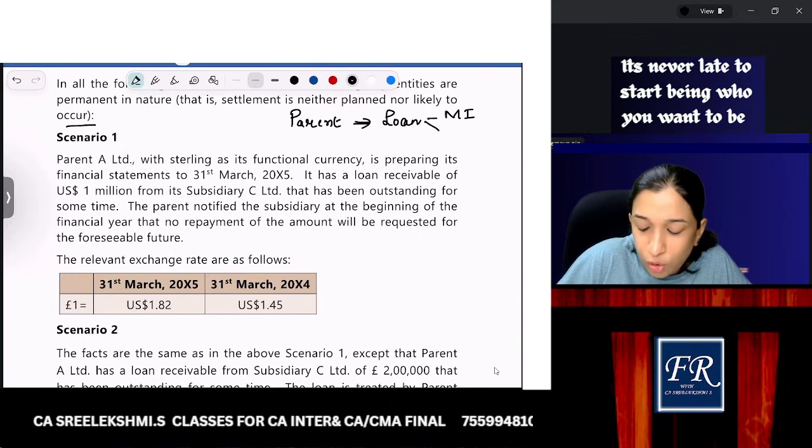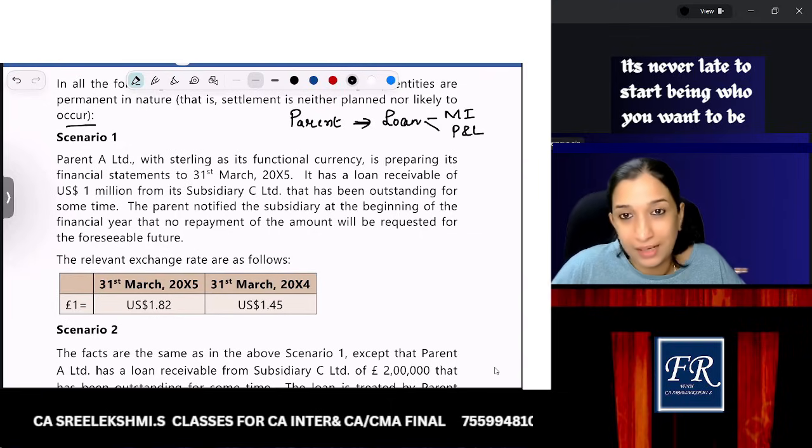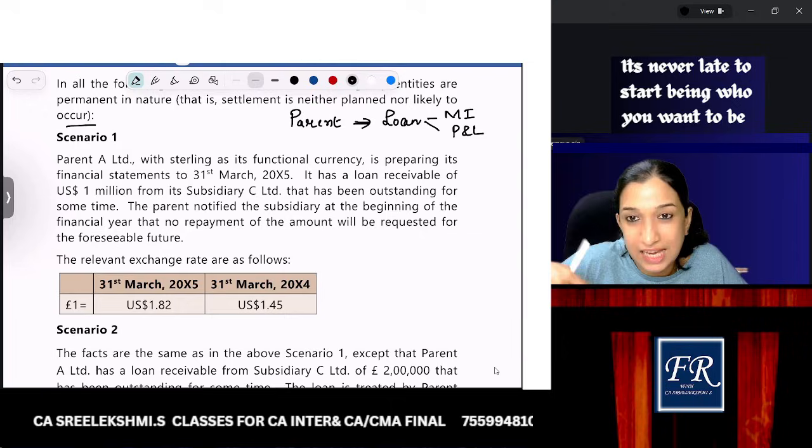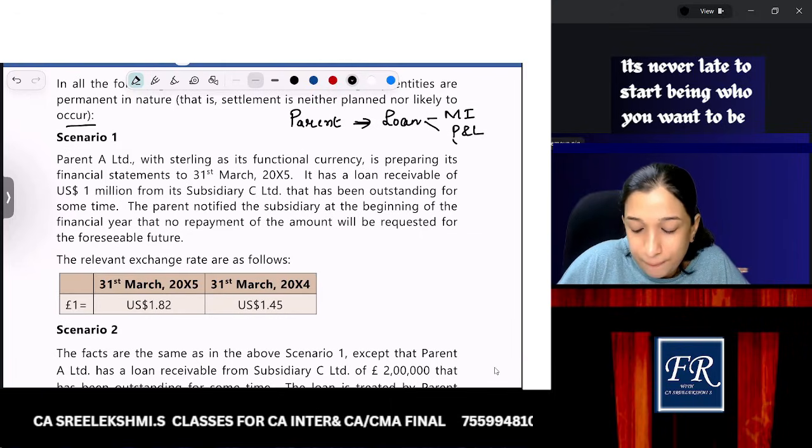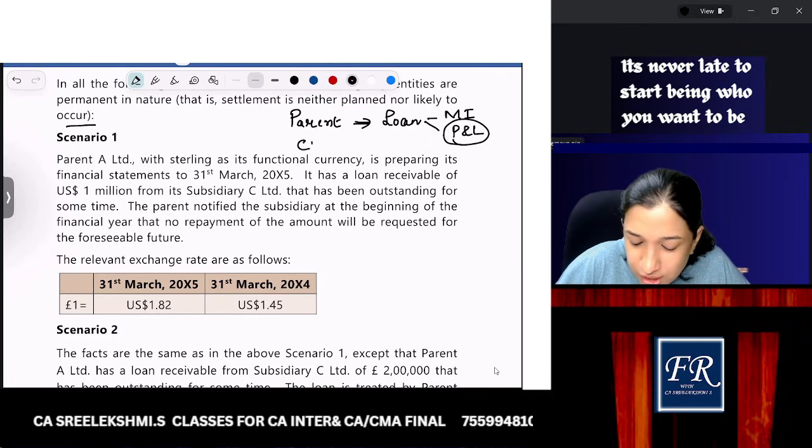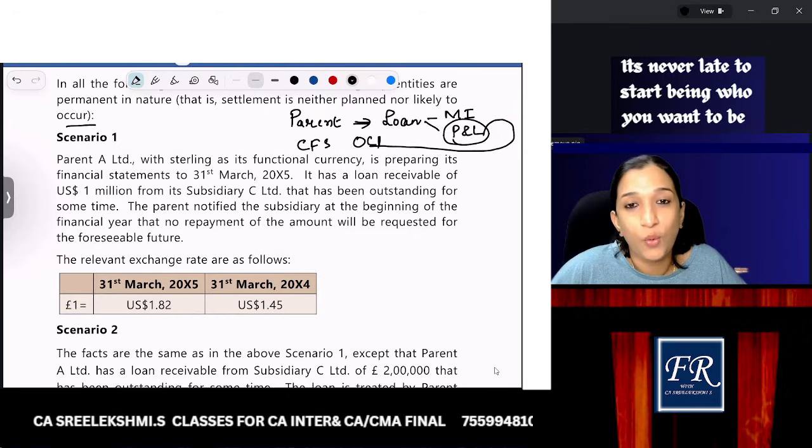Of course, the foreign currency fluctuation gain or loss will be recognized in P&L. And in consolidated financial statements, the gain or loss in P&L is reclassified from P&L to OCI. It should be reclassified from P&L to OCI. This is the accounting treatment as per Ind AS 21.